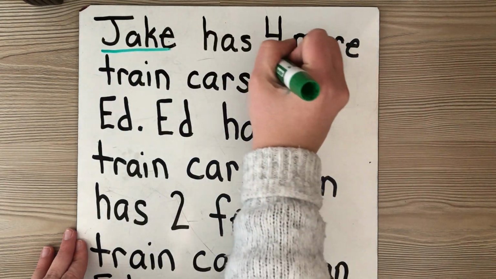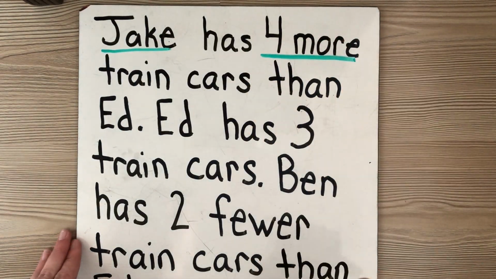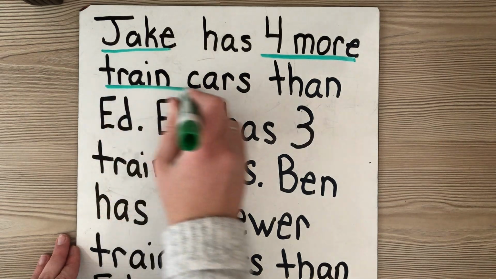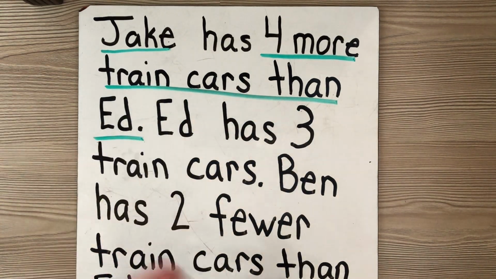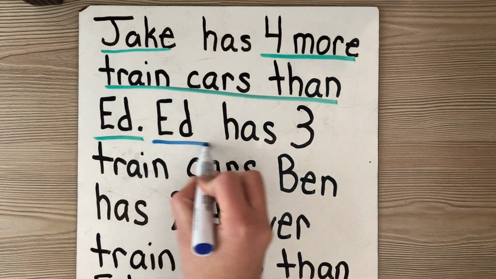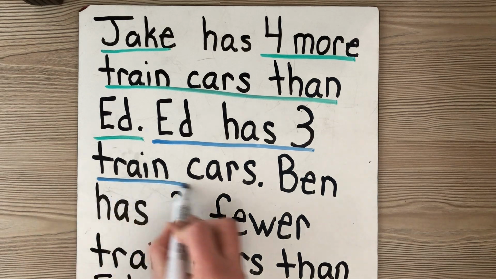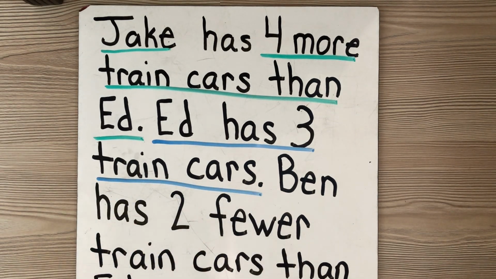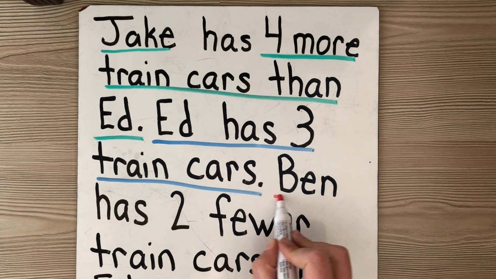Jake has 4 more train cars than Ed. How many train cars does Ed have? Ed has 3 train cars. But we are not done there, boys and girls. We have our friend Ben.